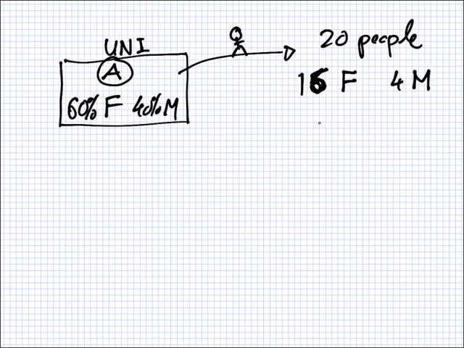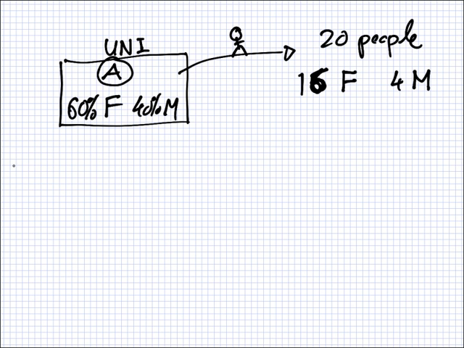So at the very beginning, it looks like, is there a possibility that the person is selecting in favor of women here? Well, it looks like it from here. There's 16 females to 4 males. However, this person is selecting from a group where there are 60% more females than males.